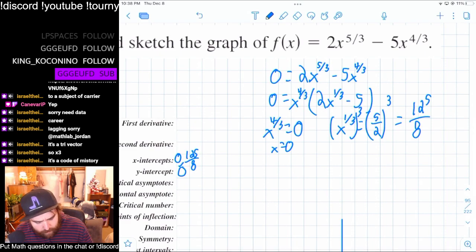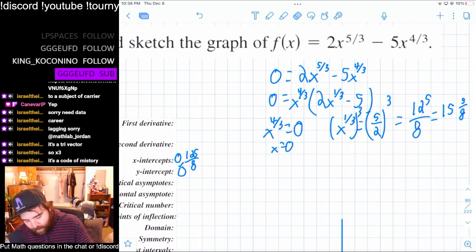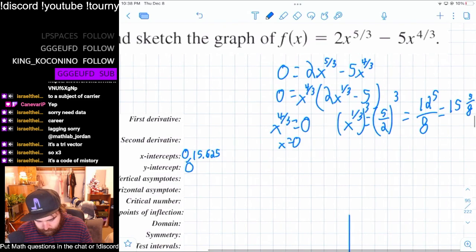So let me make that a mixed number so I can actually graph it. What's the closest I can get there? I can get 80, I can get 40, so that's 120. So 120 divided by 8 is 15. So this is 15 and 5/8, 15.625. All right, I'm going to write that over here instead. 15.625. Okay.